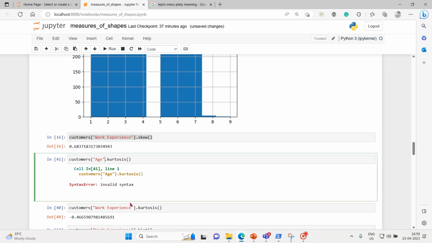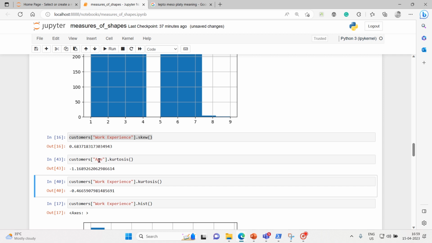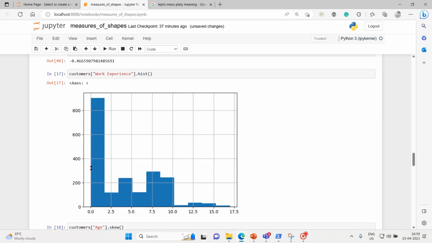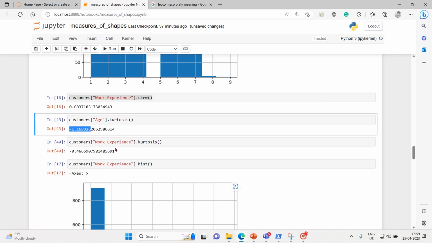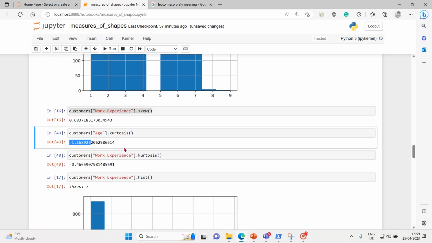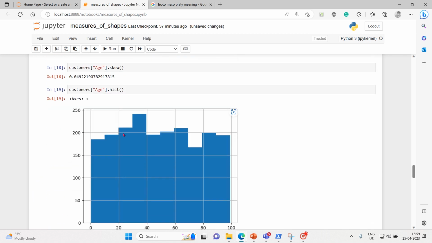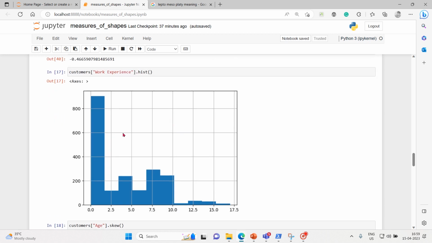Okay, this is also negative. So a kurtosis lesser than 0 is platykurtic, a flat one, and you can see that on screen. By and large, this is also a flat one. So this is also platykurtic.